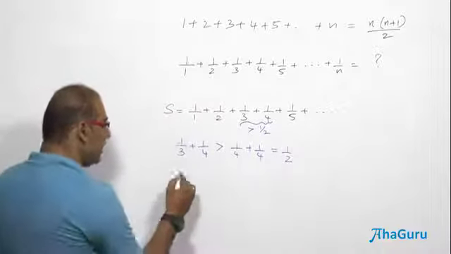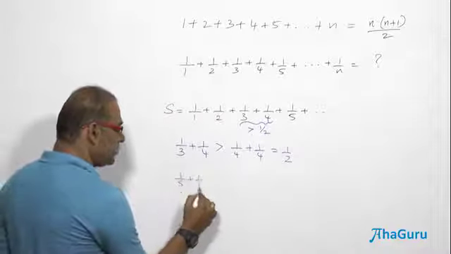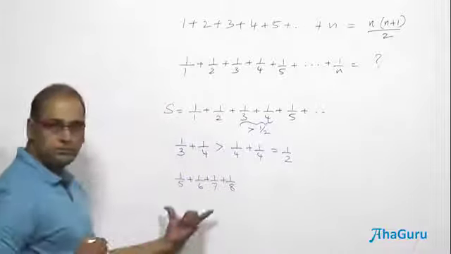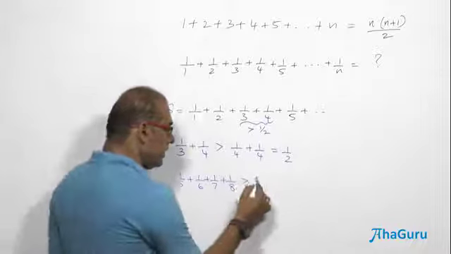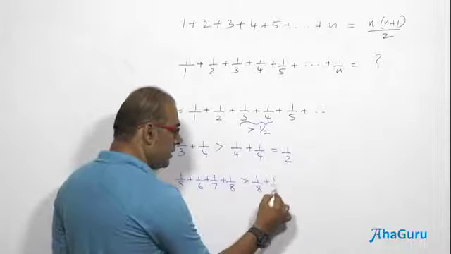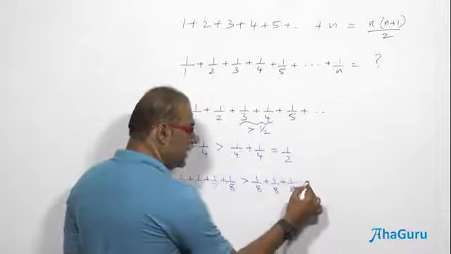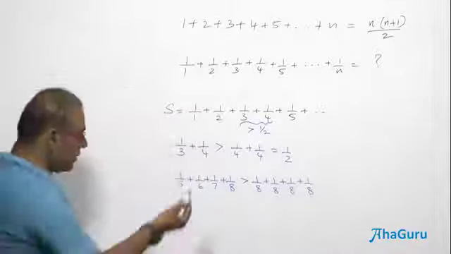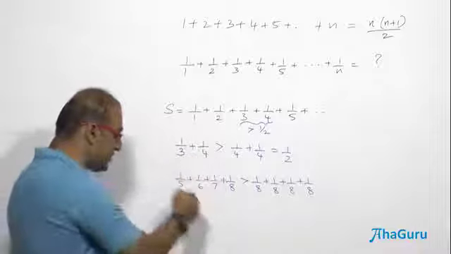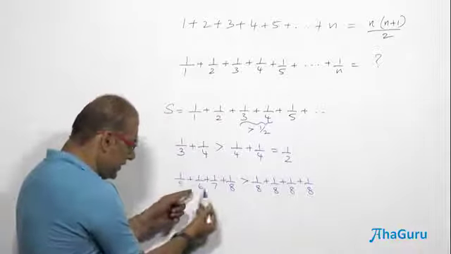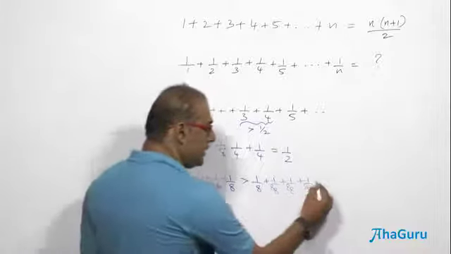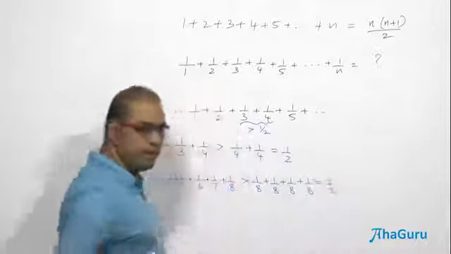Then I can take 1 by 5, 1 by 6, 1 by 7, 1 by 8, and write each of them like this. But actually 1 by 8 is equal to 1 by 8, and here also 1 by 4 is equal to 1 by 4. But since the others are greater, collectively it is greater. And this is again half, because it is 4 by 8.